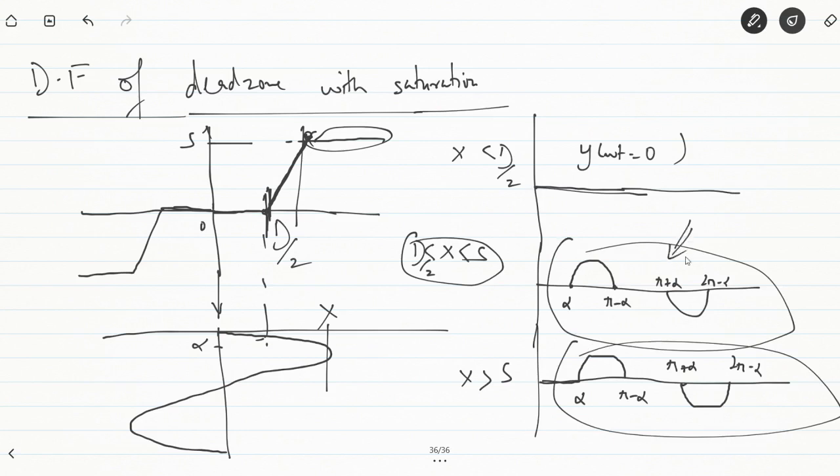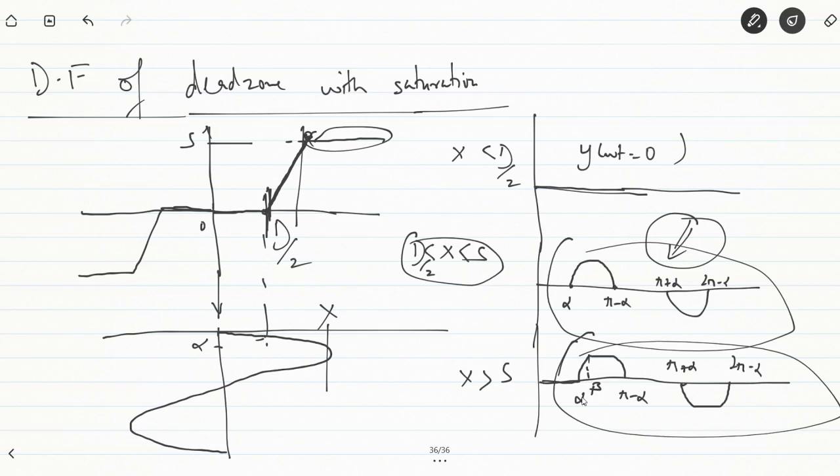This type of case we have already found for the dead zone. This is similarly a simple dead zone, for which we have already found the equation. We need to find the equation for this third case now. Again, it has half-wave symmetry, it's an odd function, so you have to find b1. From 0 to alpha it will be 0, from alpha to beta, it will be equal to x sine omega t.